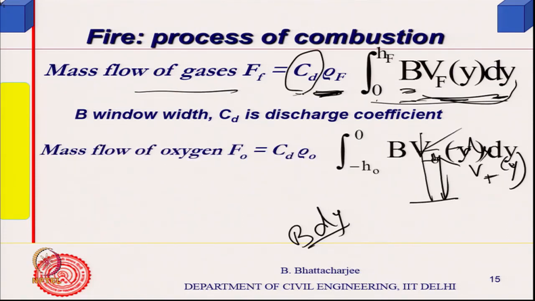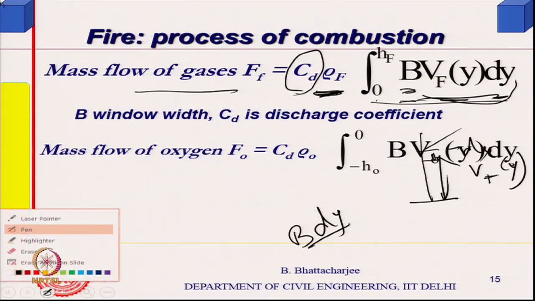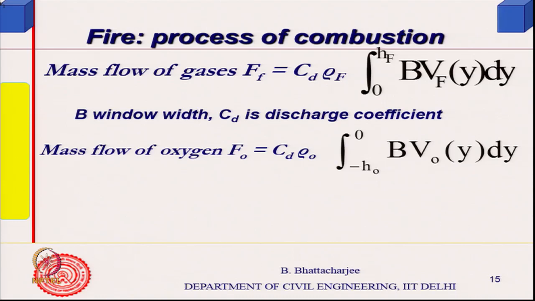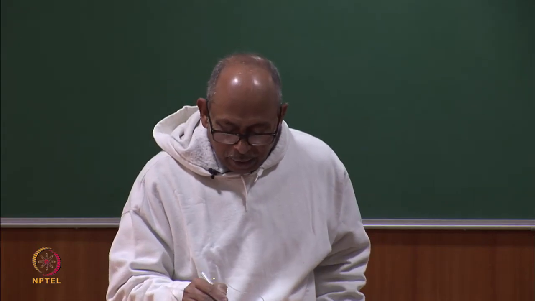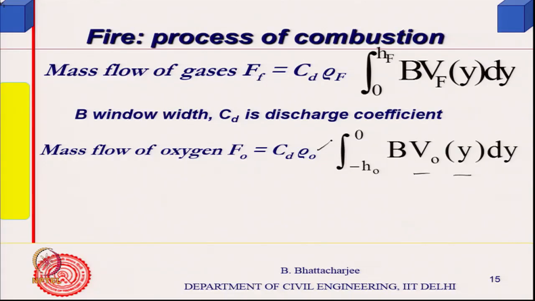Mass flow of oxygen one can similarly obtain as the integral of V0(y) dy, from minus H0 to 0 now, because y is negative below the neutral plane. And rho 0 is known, so these two we can find out.